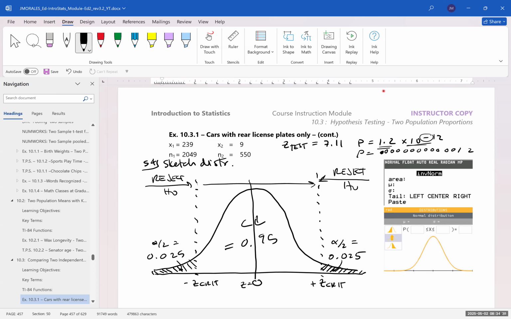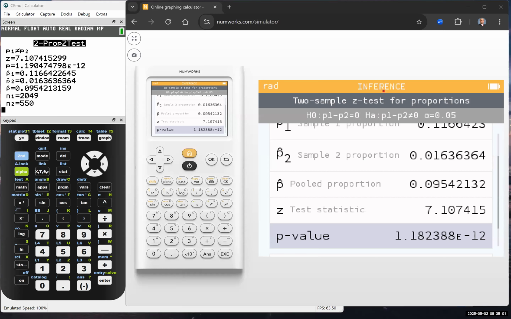And between the two critical values, that's where you fail to reject the null. Now we need to figure out where this z-test value is going to fall relative to this picture. So that's what inverse norm is for, because with inverse norm, we're going to take the significance level area.